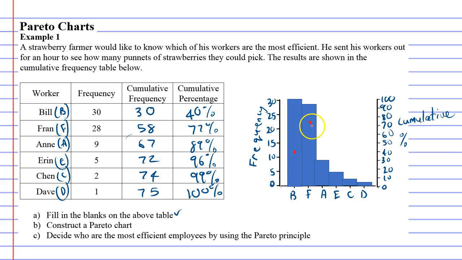Next is Anne at 89%, then Erin at 96%, right up about here. It's quite difficult because they're getting close together. Chen 99, almost on 100, and then the last one's going to be 100%.